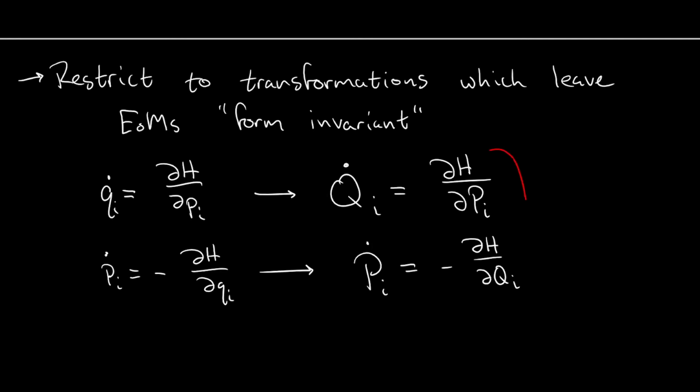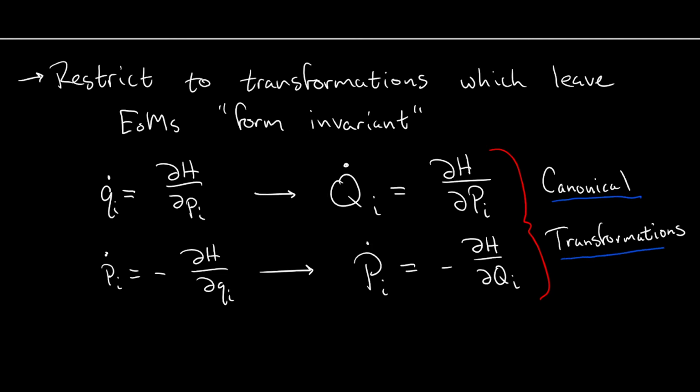And these transformations have the special name of canonical transformations. So these are the set of transformations that we can do involving both our coordinates and momenta, which leave our equations of motion form invariant.